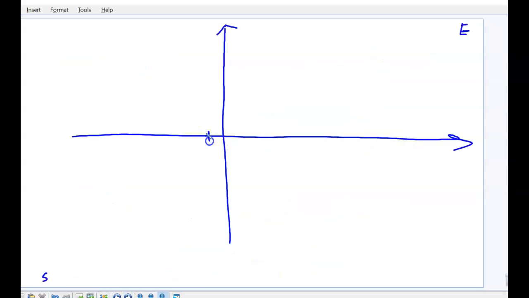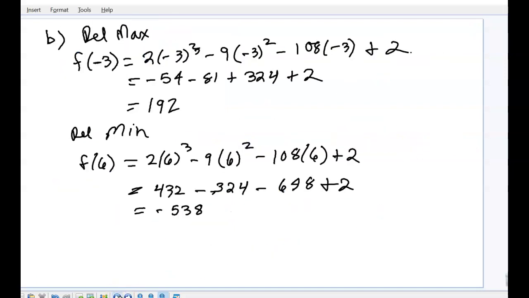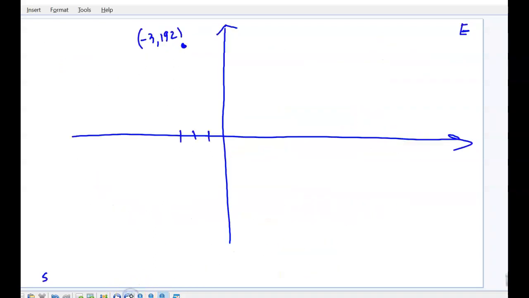So at negative 3, I'm way up at 192. So there's the point, negative 3 and 192. And because I'm approximating it, it wouldn't hurt to label those points. And I have a minimum at 6 and negative 538.